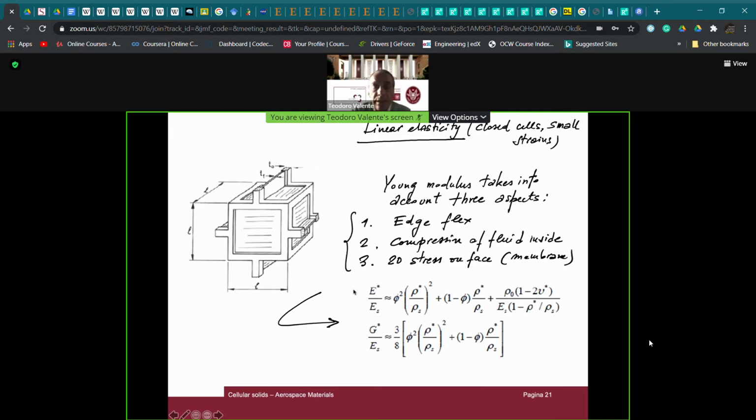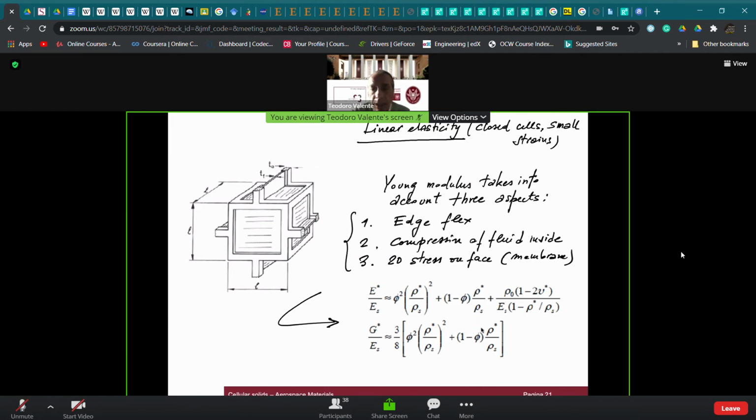And so these are the basic relationships in which, at this stage, you do not see any special contribution of compression of the fluid inside.